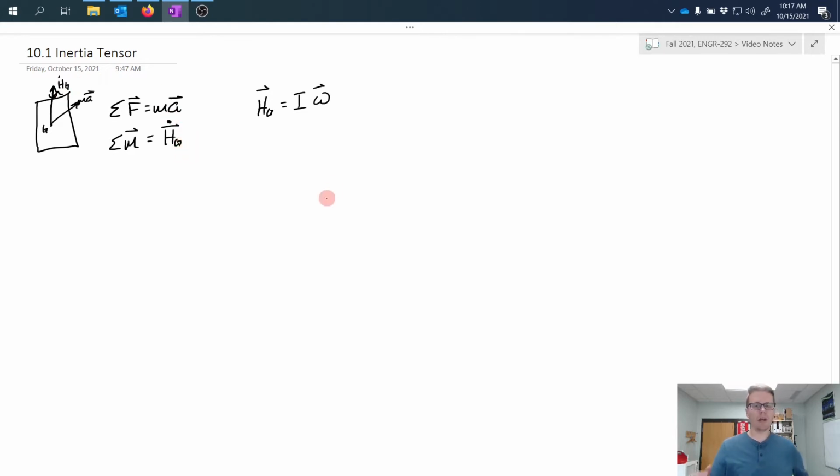Now, when it comes to applying this to three-dimensional rigid bodies, this definition of angular momentum is not quite accurately applied, in that there are some assumptions built into it based on symmetry that we need to work through. So this definition for angular momentum needs to be changed.